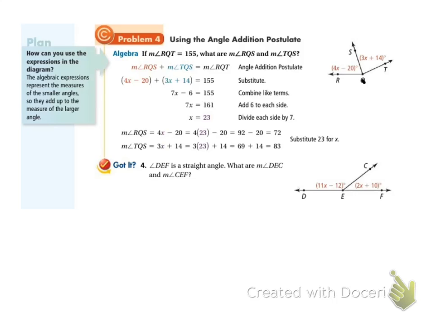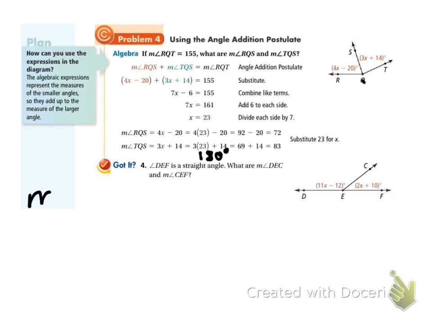I'm told DEF is a straight angle. If you think back to the beginning of 1.4, we're told that a straight angle is 180 degrees. And then I need to figure out what these two angles equal. Well, I know that this guy plus this guy needs to equal this whole thing.